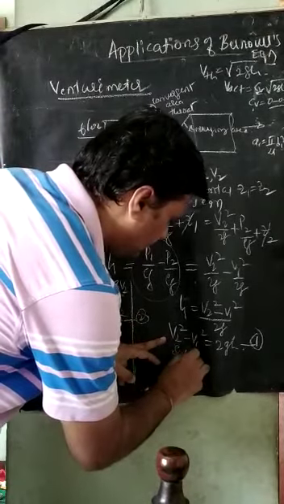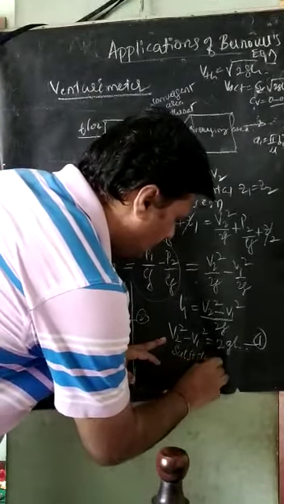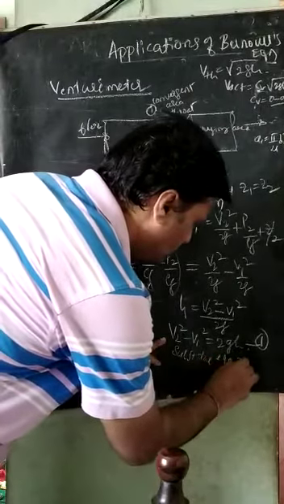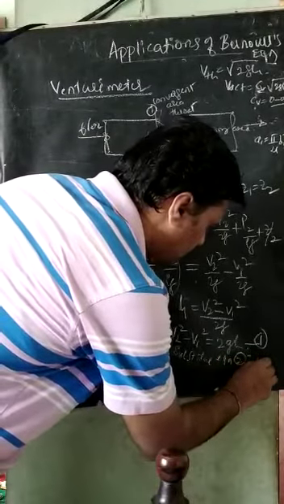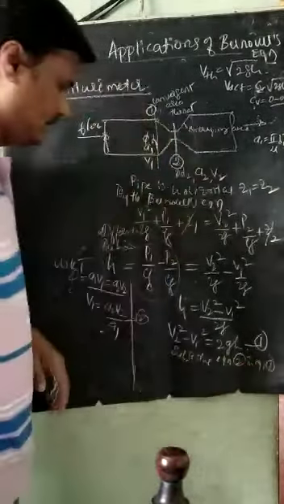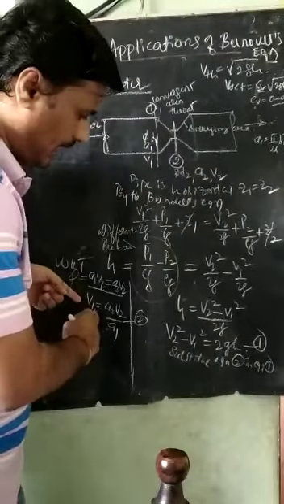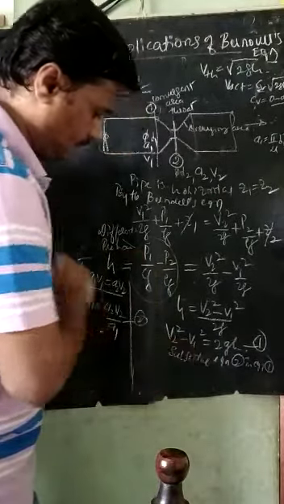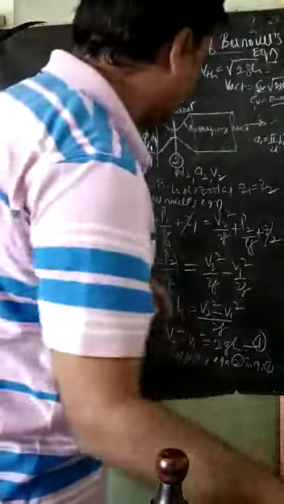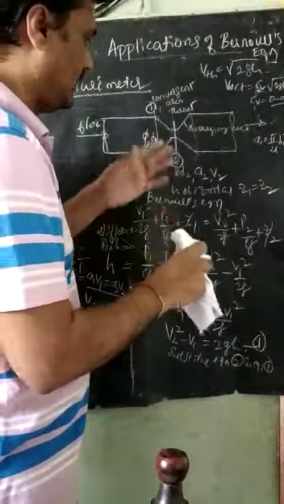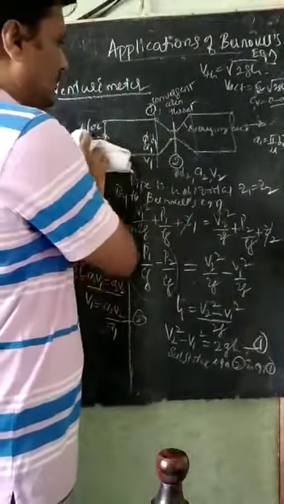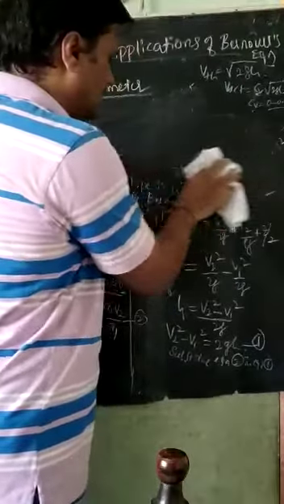Substitute equation 2 in equation 1, meaning V1 has to be substituted here. I will erase the venturimeter diagram and continue the relation.